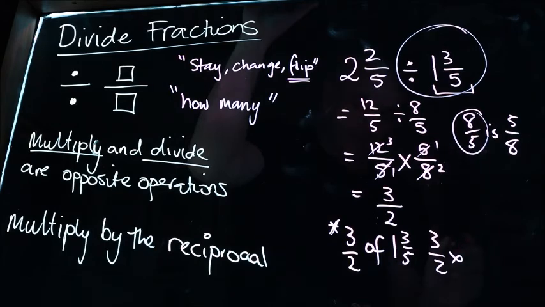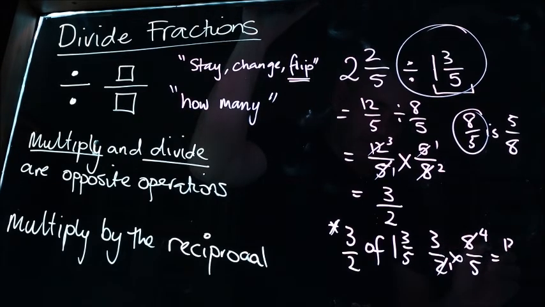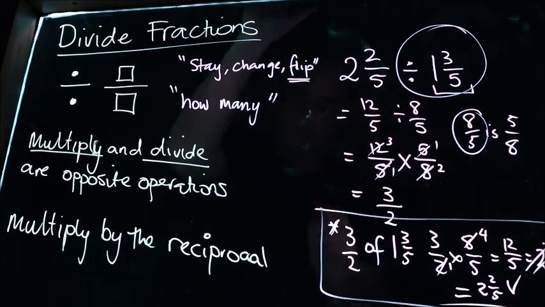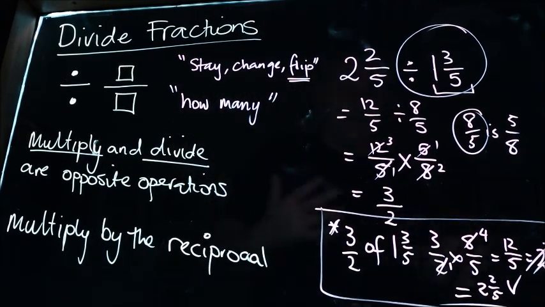That's 8 over 5. I don't need to change anything. And if I multiply these together, I'm just going to take the time to cancel here. I'll get 12 over 5, and that is the same thing as 2 2/5. Okay, so everything checks out, and that's the way I want to get you starting to think about what's happening.